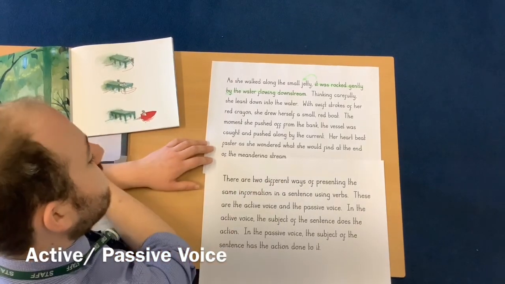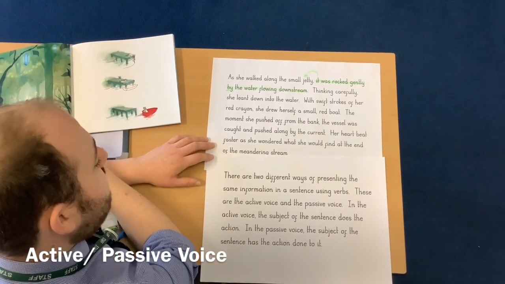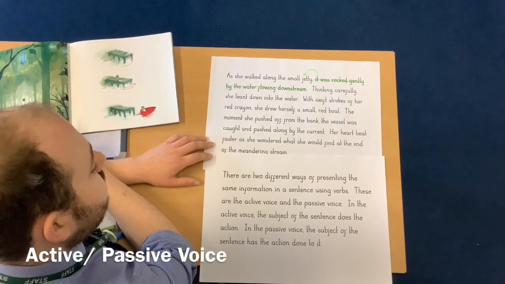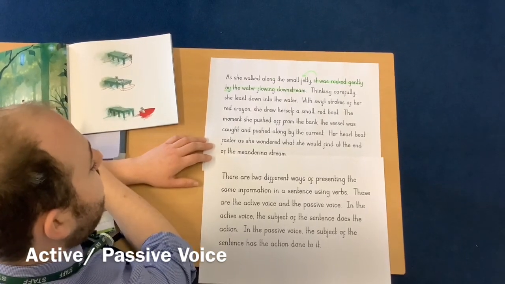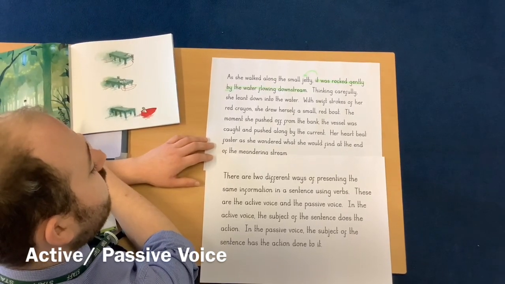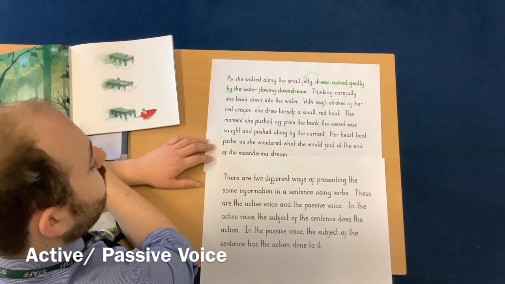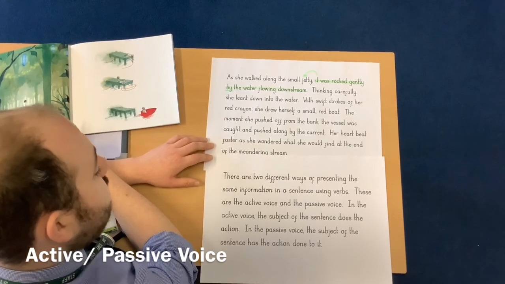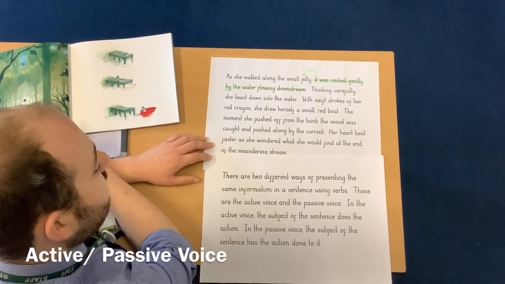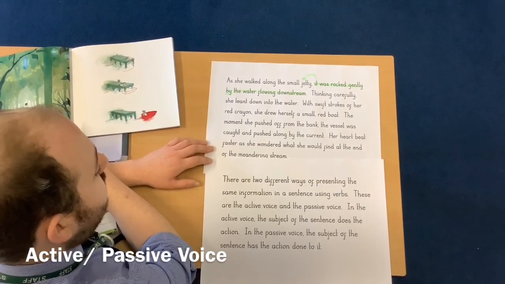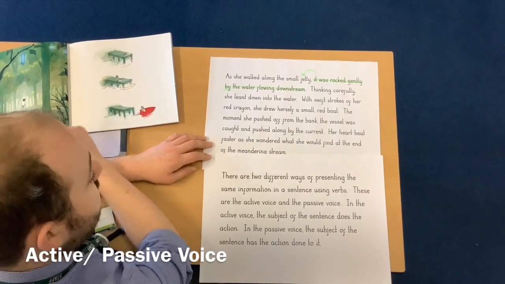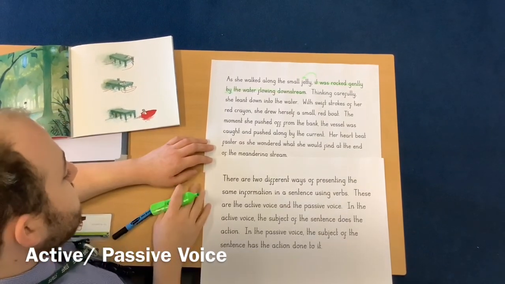Let's take a look at the next sentence. Thinking carefully, she leant down into the water. Again, lovely piece of active voice. With swift strokes of her red crayon, she drew herself a small red boat. The moment she pushed off from the bank, the vessel was caught and pushed along by the current. Did you hear where that passive voice was?